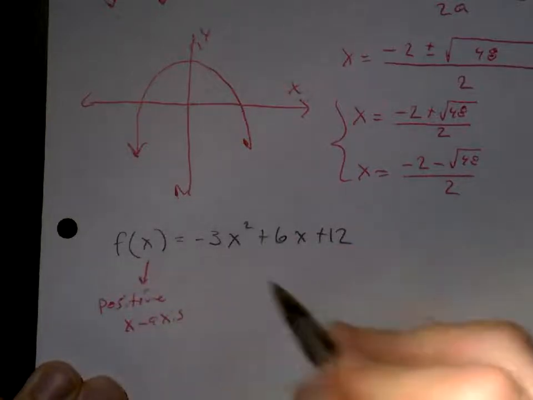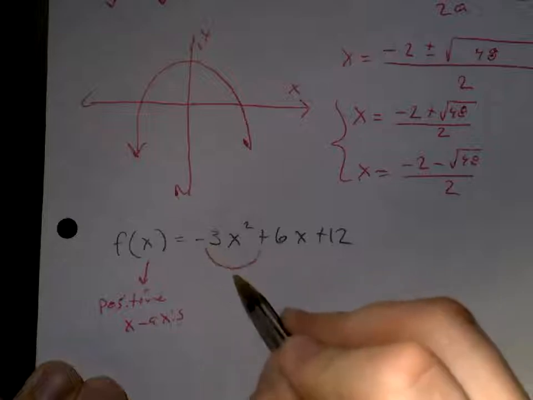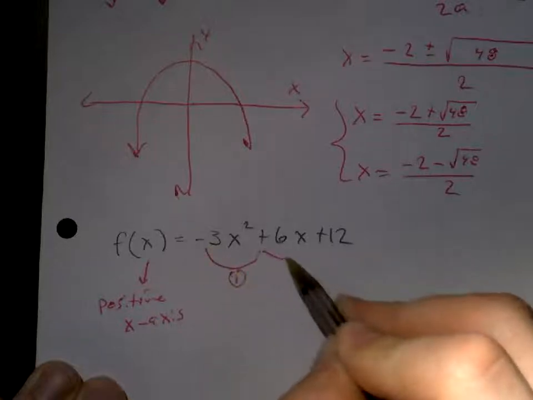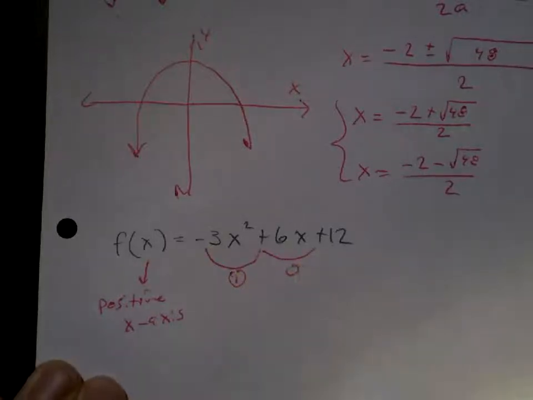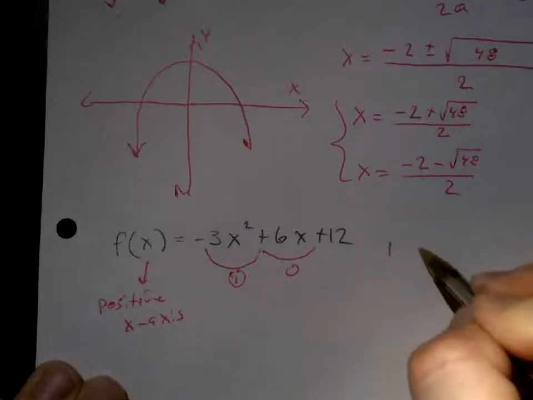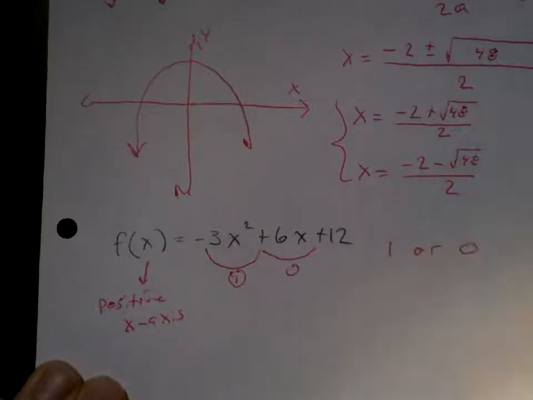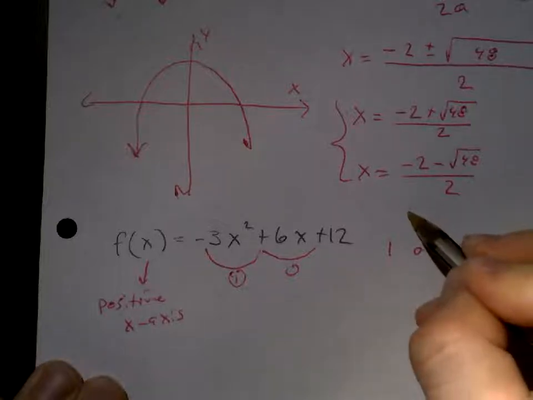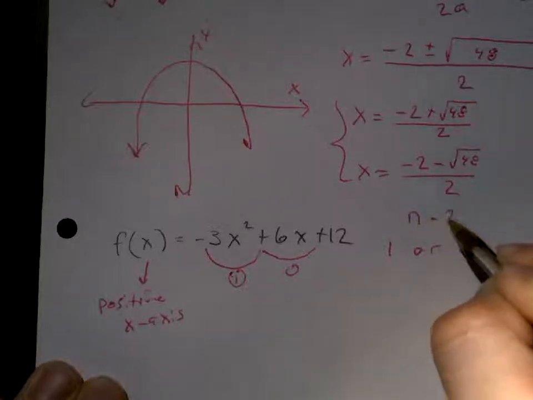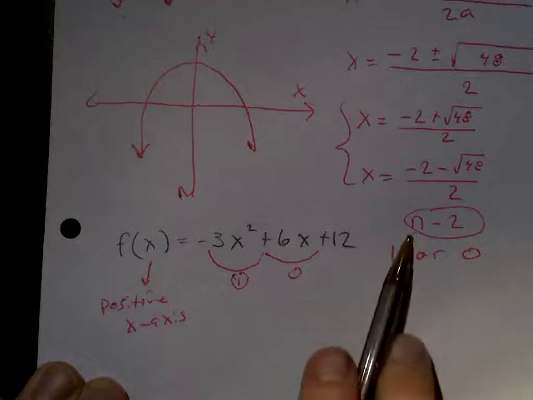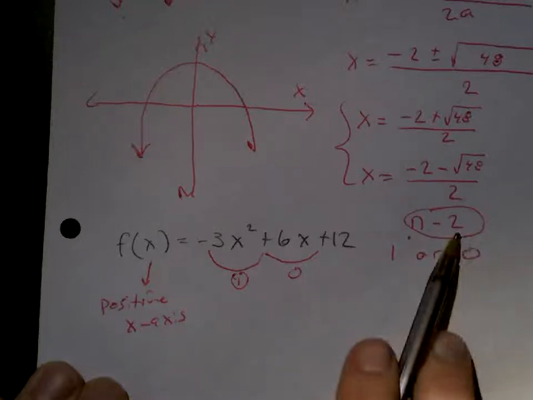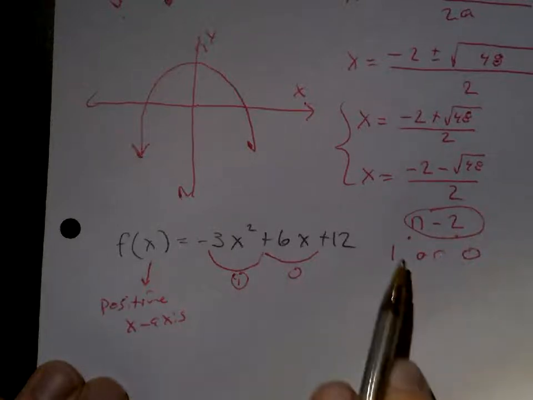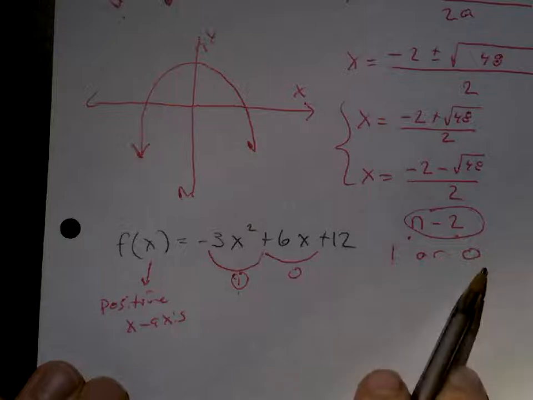But if you count the sign changes from here to here, that's one sign change. That's no sign change. So how many sign changes are you going to have? You're going to have 1 or 0. Remember, it's how many sign changes you have minus 2. So that means this is going to have 1 or nothing.